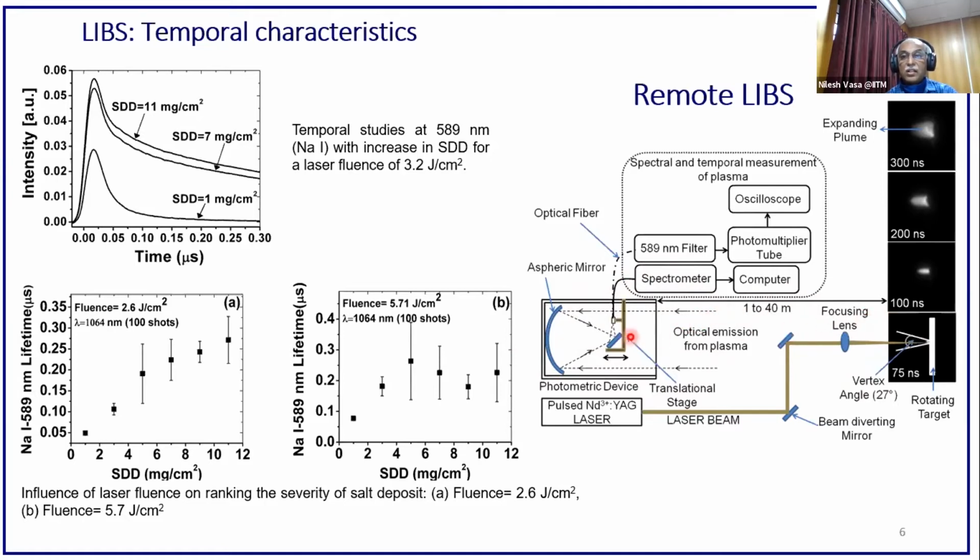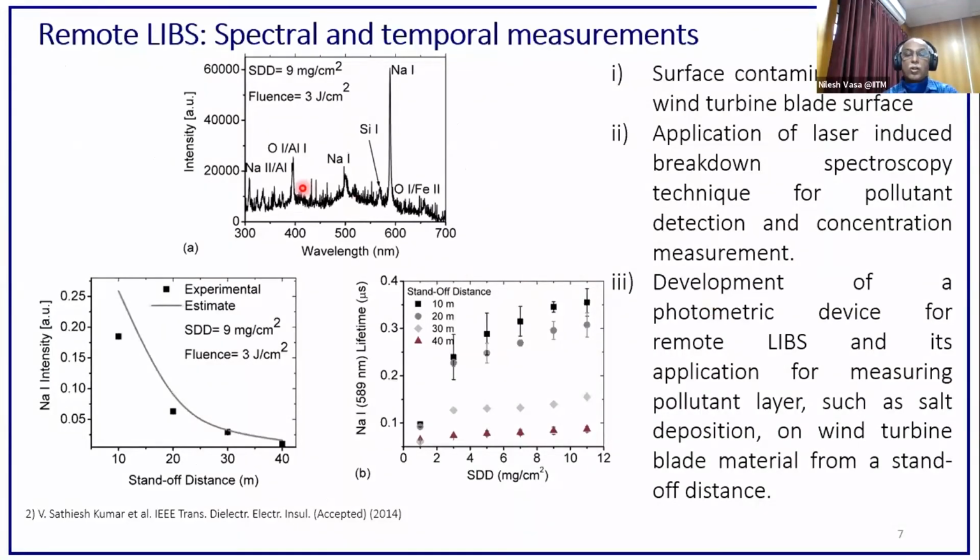Depending upon the distance, the position of the optical fiber which collects this light will be adjusted accordingly, and the optical light collection efficiency can be improved in the spectrometer. So these studies were carried out using optical spectral studies, as well as simultaneous temporal studies of the sodium emission line persistence lifetime, which was also captured.